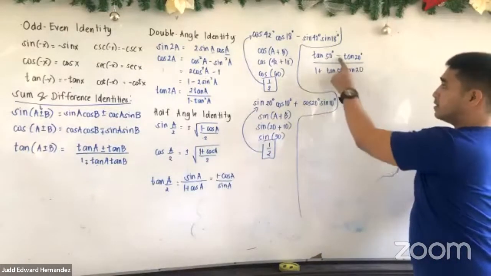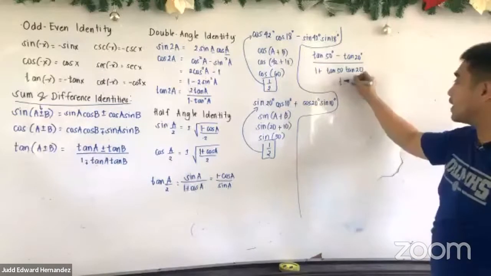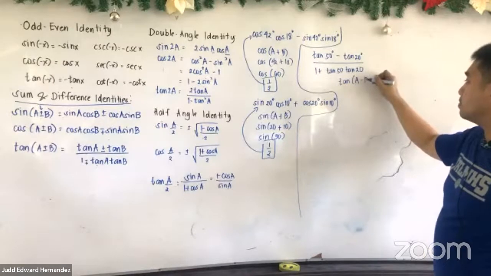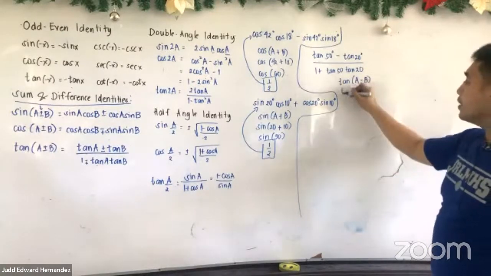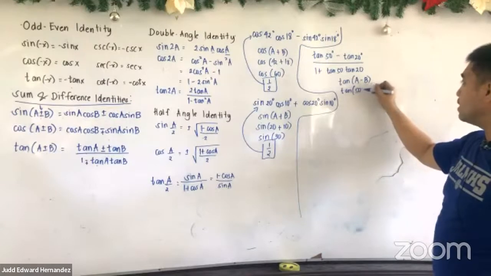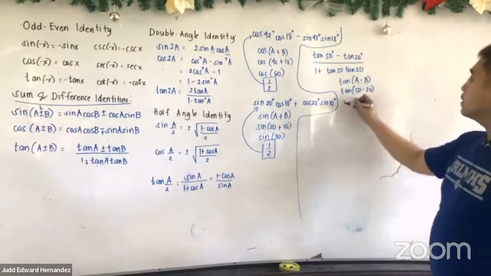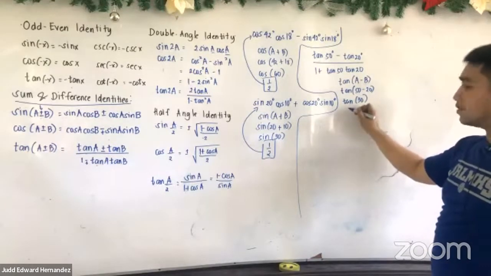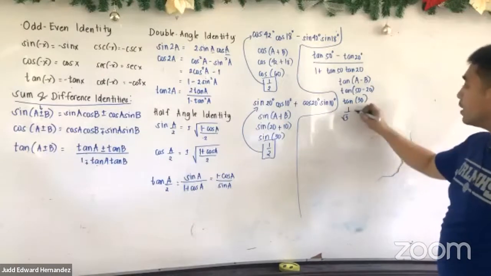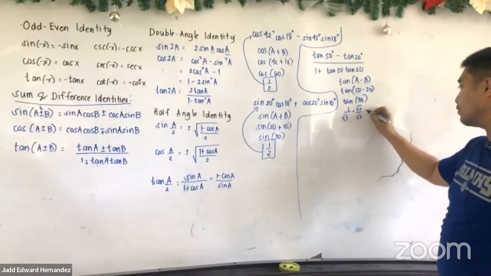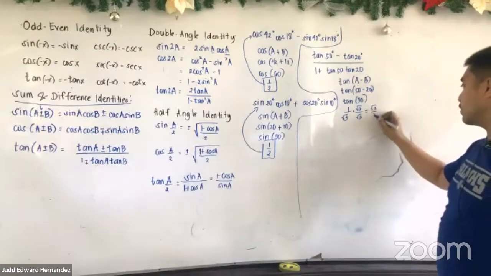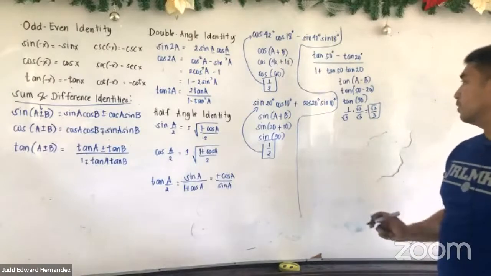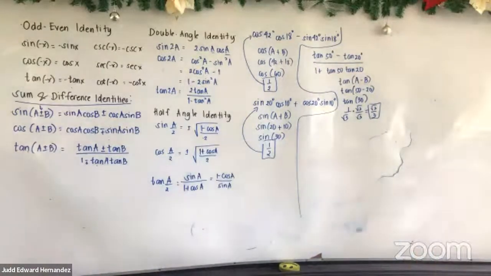Tan, this is negative, this is positive, therefore it takes the form of tangent of A minus B. Therefore, this is tangent 50 minus 20. Tangent 50 minus 20 is tangent 30. And what is tangent 30, guys? Tangent 30 is 1 over square root of 3. Or, i-multiply natin siya sa square root of 3 over square root of 3. The answer is square root of 3 over 3. Is square root of 3 over 3 the answer? Yes or no? Yes. Okay, so that is the correct answer.